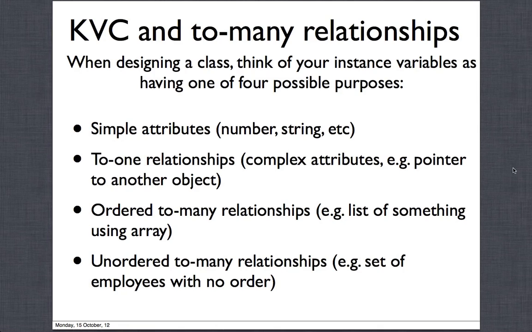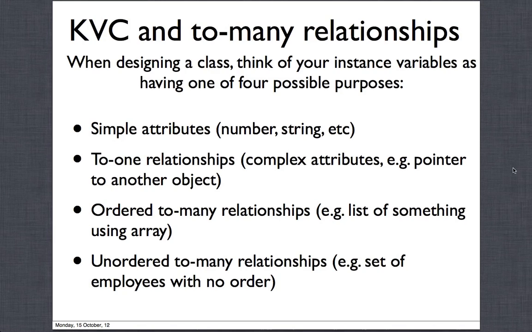And in the same way, you can have a single variable that is an unordered to-many relationship, meaning it's the same as an array, but the order is not inherent in your application. So you remember last time we were discussing NSSet or NSMutableSet, and that is the data type for sets, an unordered collection of things.